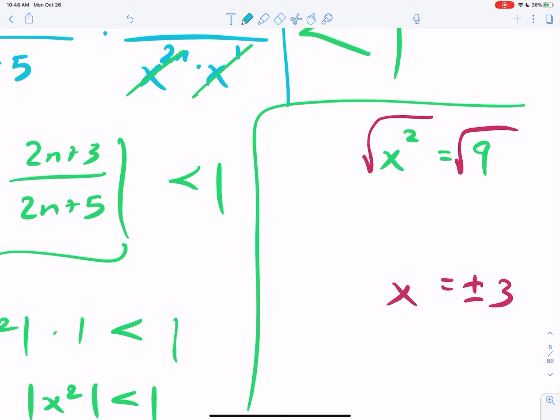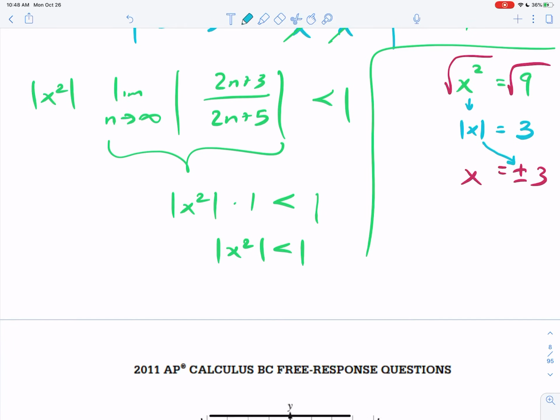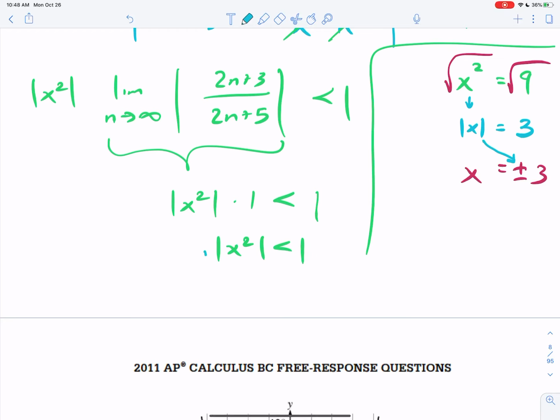What really happens when you square root is you end up with an absolute value of x that's equal to 3. And from there, the absolute value will yield a plus or minus, okay? So here, what's really happening is when you square root, you get an absolute value again. So this is really, when you square root, this is really still the absolute value of x is less than 1. And from there, you split, okay?